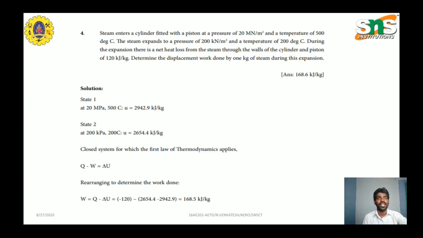In general, to solve the problem, we first find the given data and what is to be found, then we go to the solution section.